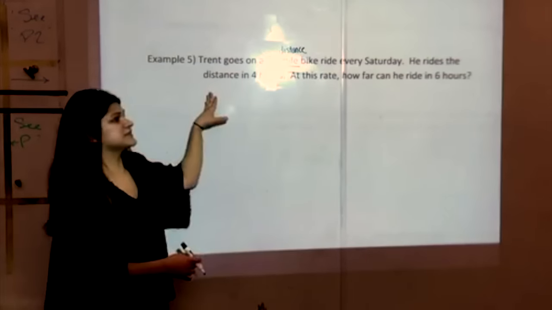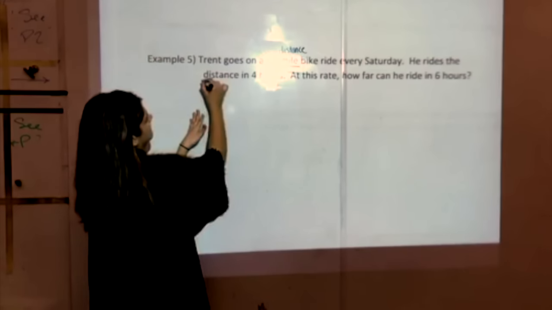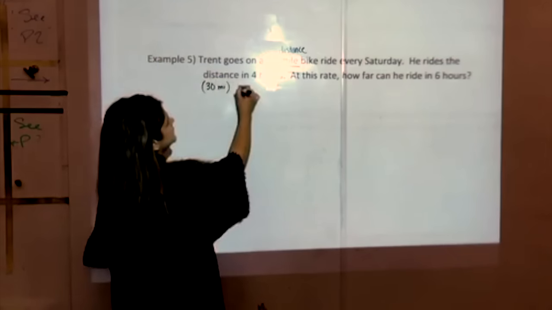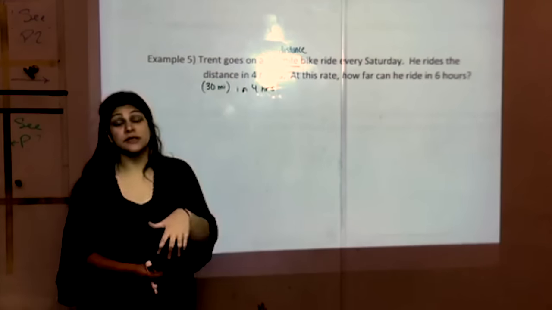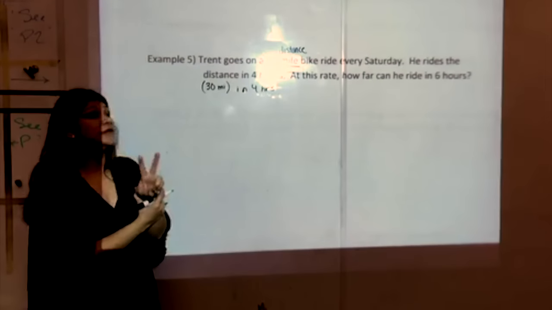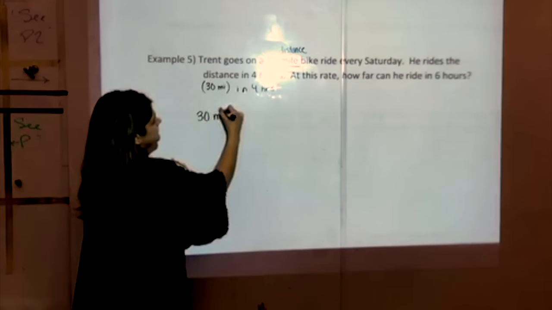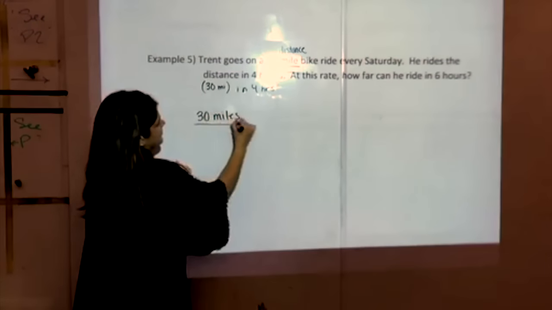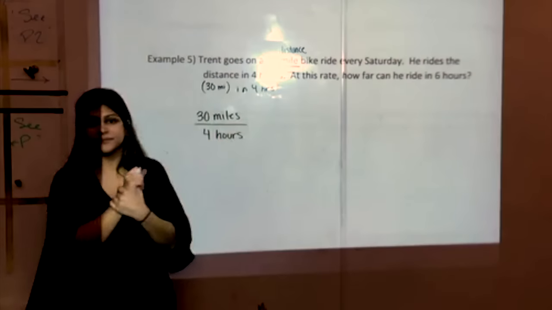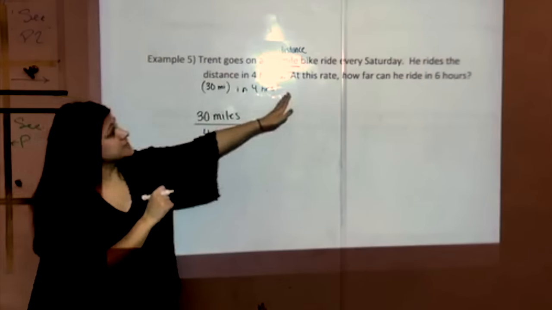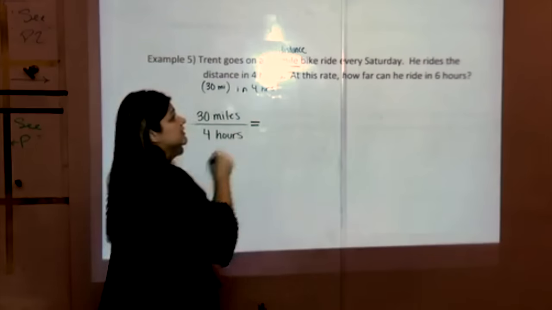He rides this distance, so the 30 miles, in 4 hours. Now, I know this is a rate because we are comparing 2 units. We know that they are traveling 30 miles in 4 hours. Okay? At this rate, meaning at the same rate, the rates should be equal.